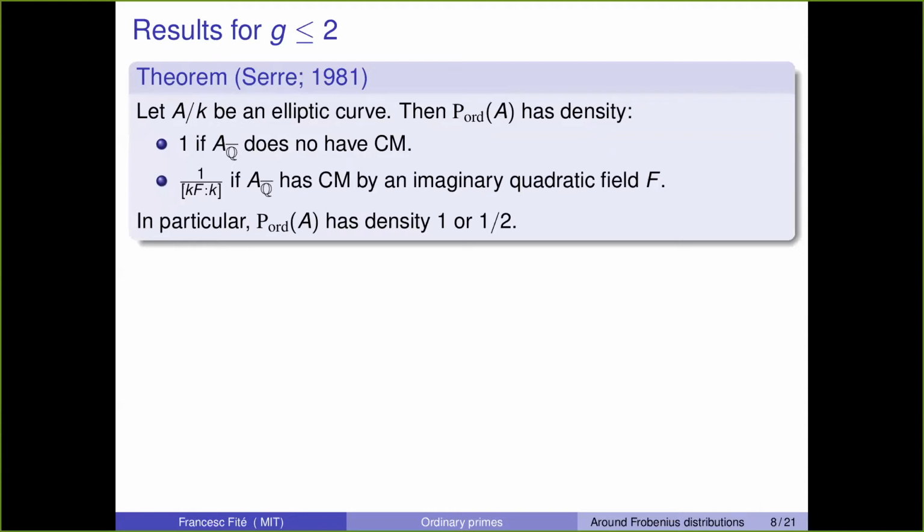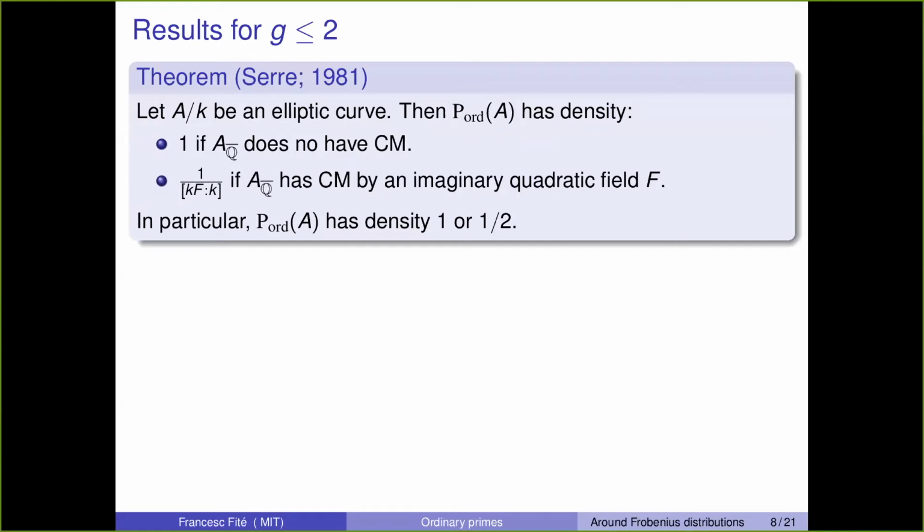For an elliptic curve, this is due to Serre, and he shows that this density is either 1 or 1/2, and it is 1/2 precisely when you're dealing with an elliptic curve which has potential complex multiplication, but not complex multiplication defined over the base field, and it is 1 otherwise.